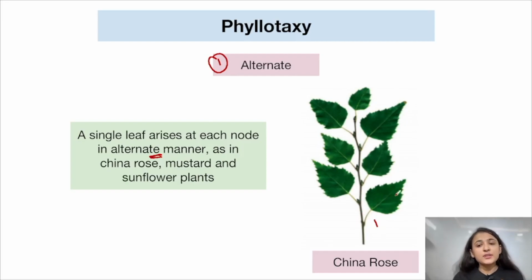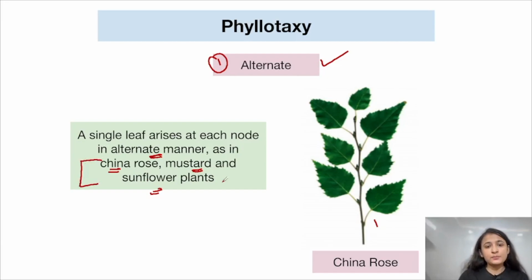For example, first it would be present at the right, then left, then right, then left. Such kinds of leaf arrangement are known as alternate leaf arrangements, and they are seen in China rose or the hibiscus plant, mustard plant, sunflower plants. So these are the examples of alternate phyllotaxy. Please remember these examples, important.